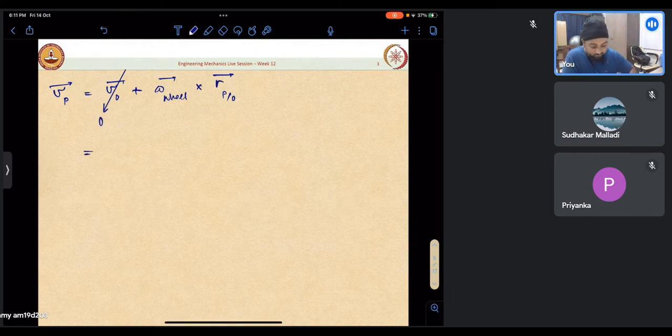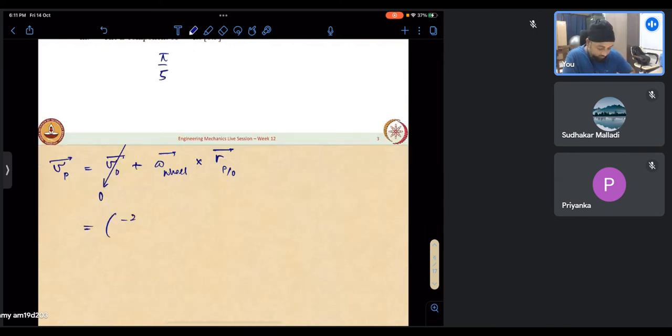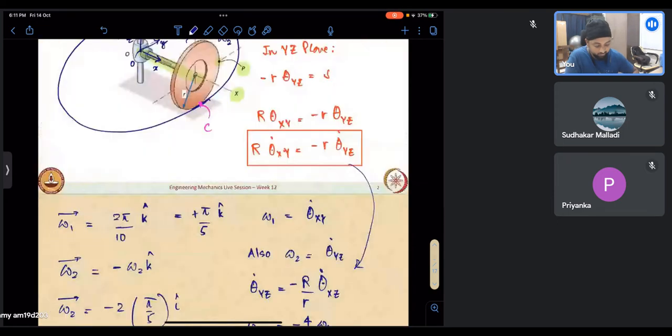The angular velocity of the wheel we have already calculated. It is minus 2 pi by 5 I cap plus pi by 5 k cap, cross Rp with respect to O. Can we write that?